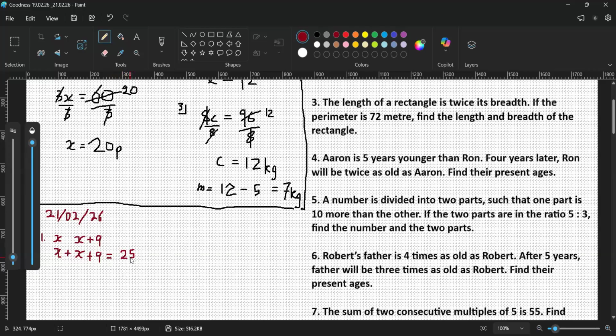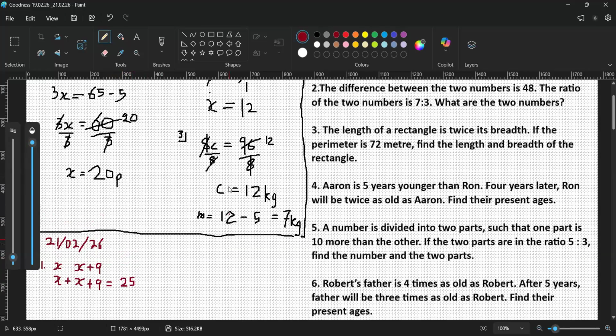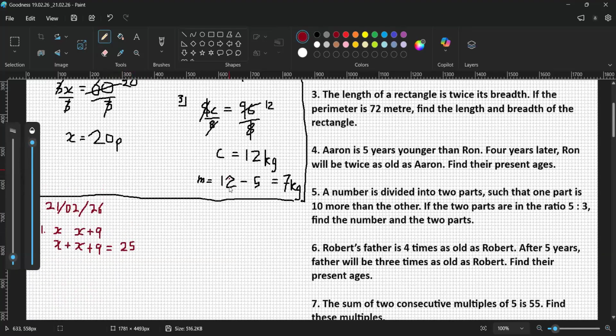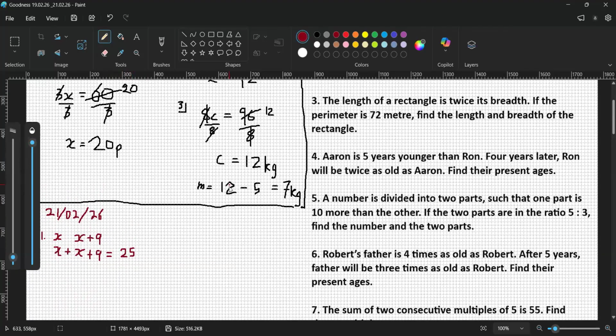So now our job, they said, is to find the two numbers. So let's first find x, and I'm sure when we find x, we'll find the numbers. So what should I do from here? Should we use x to multiply x? We don't, they didn't say product.